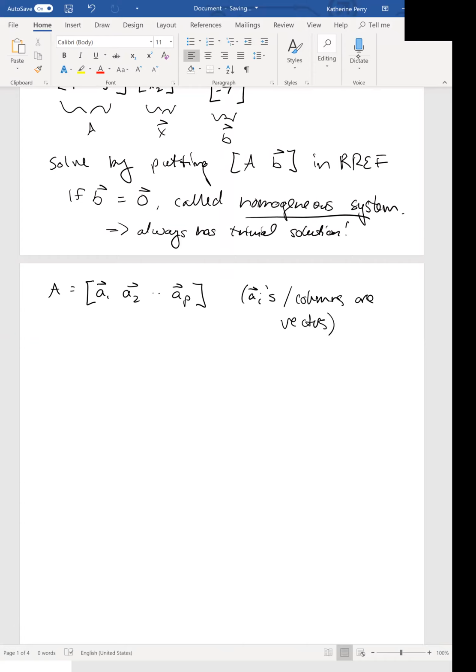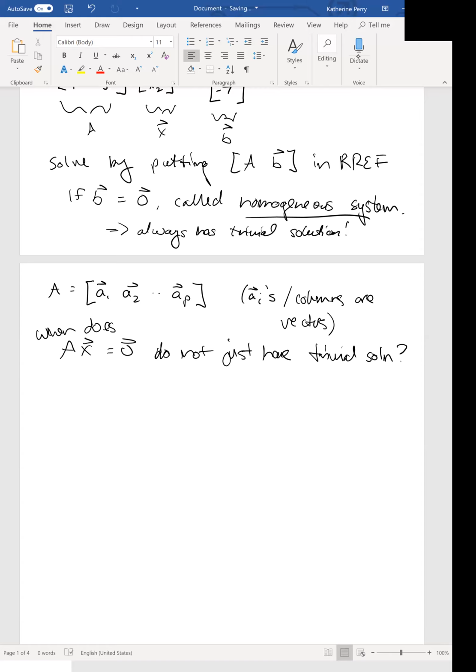And I'm interested in when this matrix equation, Ax equals 0, doesn't just have the trivial solution. So when does Ax equals 0 not just have the trivial solution?